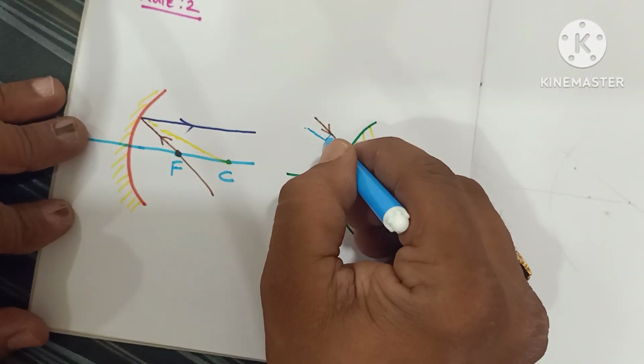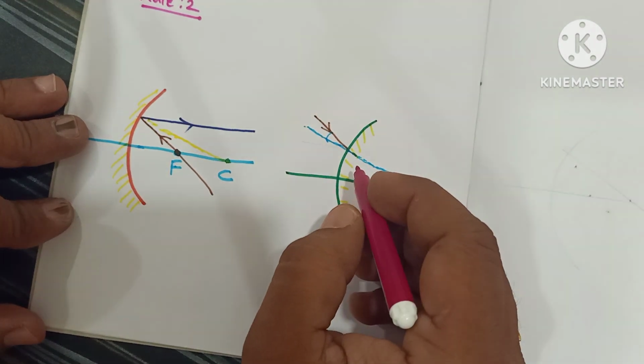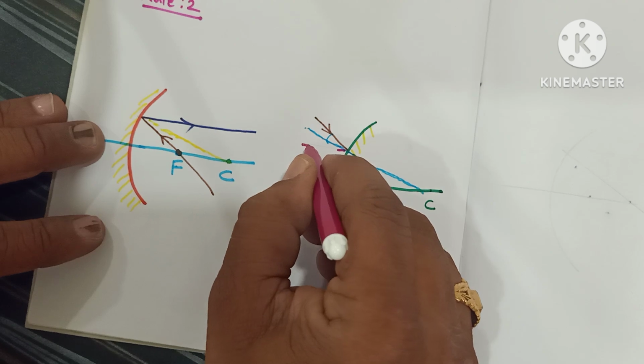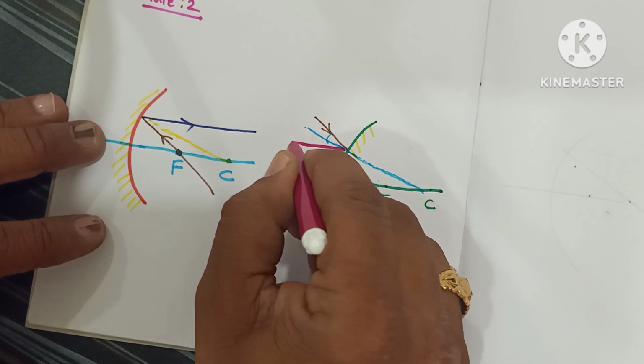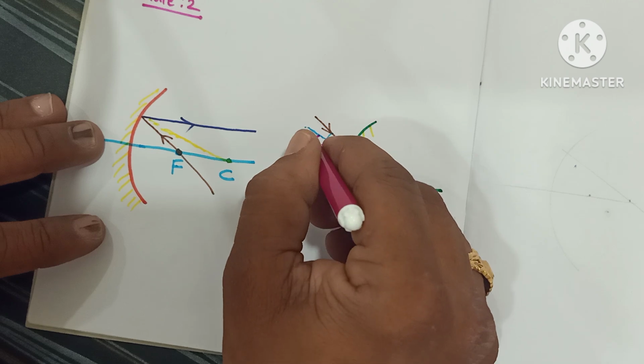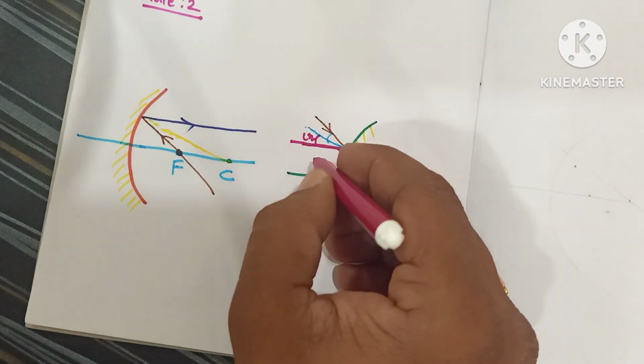Now this is the angle of incidence, and after reflection the ray gets reflected with the same angle. This is the reflected ray, and this is called angle R, angle of reflection.